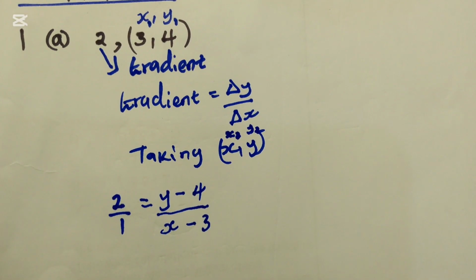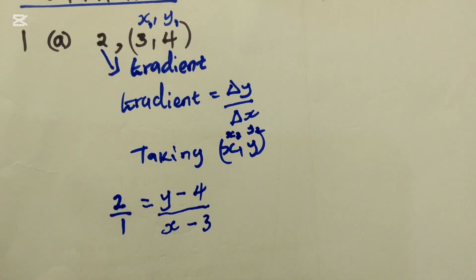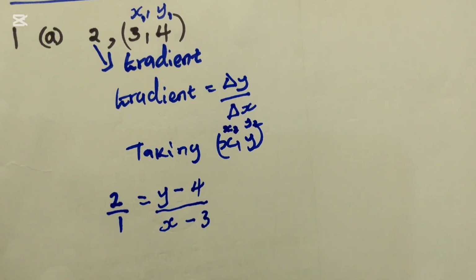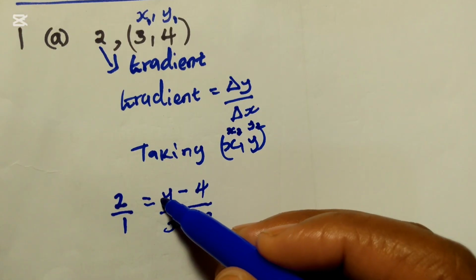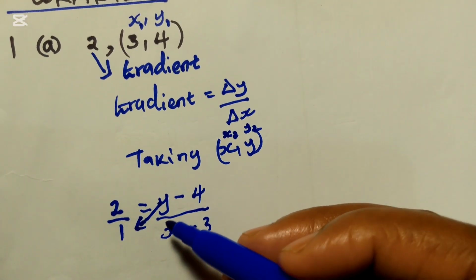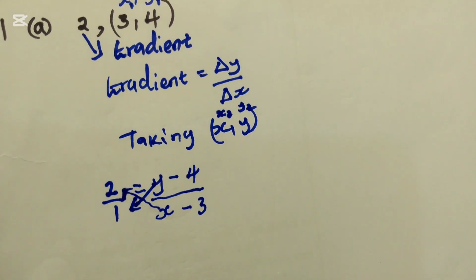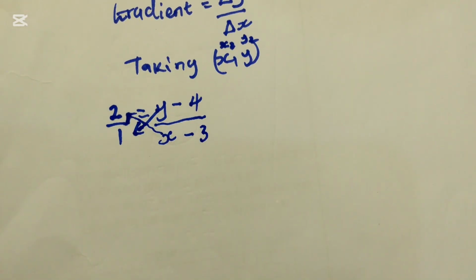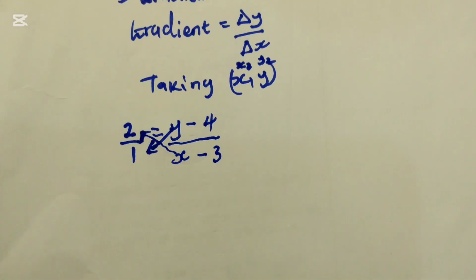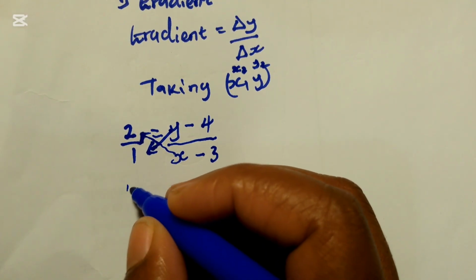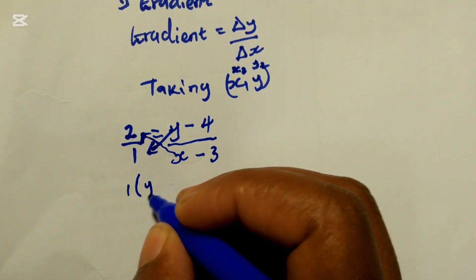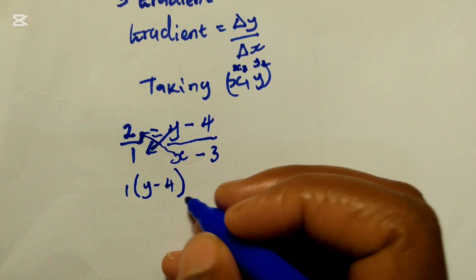Then from there, we multiply the numerators and the denominators across. We'll have 1 being multiplied to y minus 4.